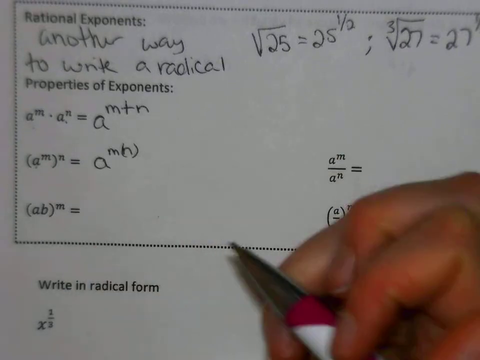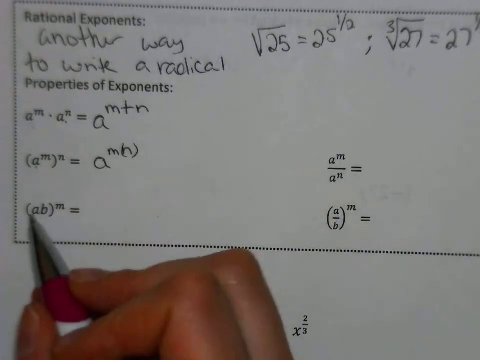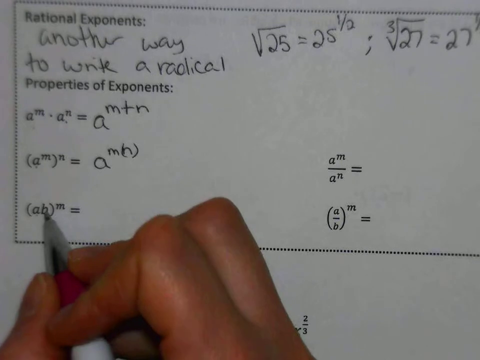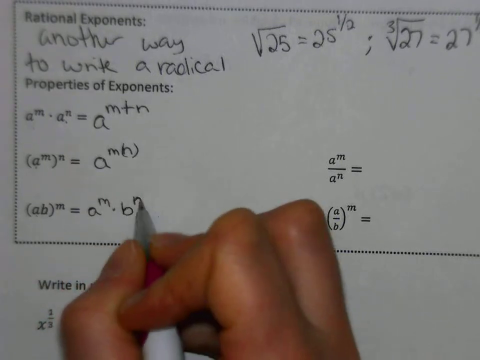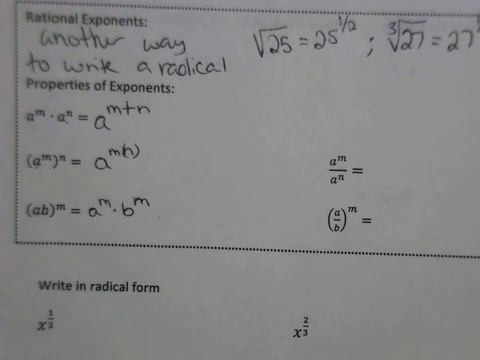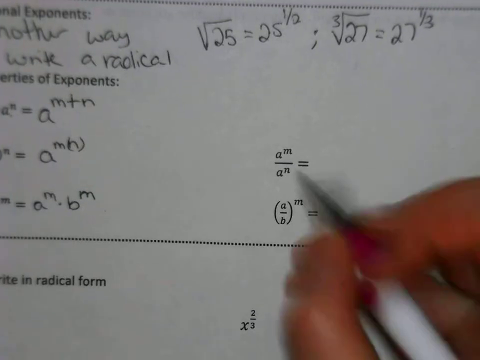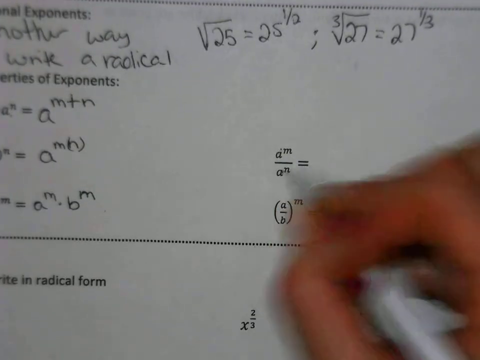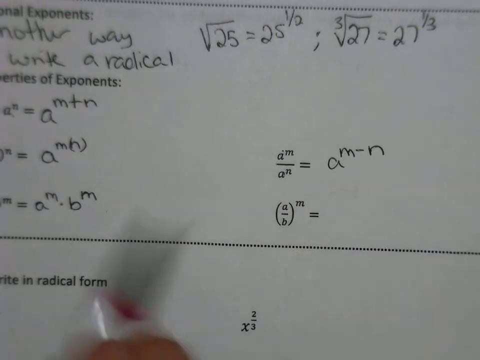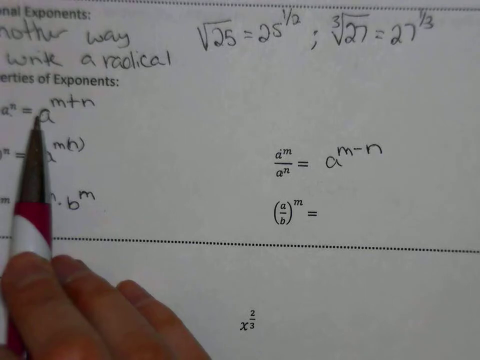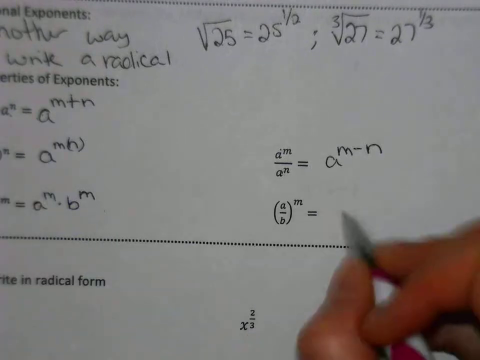Here, a times b to the m power is a to the m times b to the m power. Division, both of these are the same base, so you're left with a to the m minus n, so we subtract, so it's the opposite of multiplication. And here, when we distribute, you get a to the m divided by b to the m.